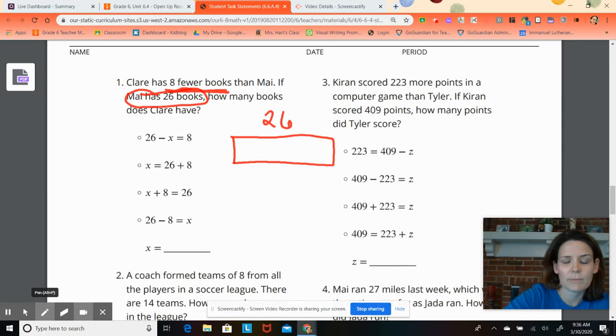Now Clare has 8 fewer than Mai. So I'm going to divide this up into 2. So if Clare has x, I guess I don't know how many she has, then Mai has this whole thing. So she has x plus 8.